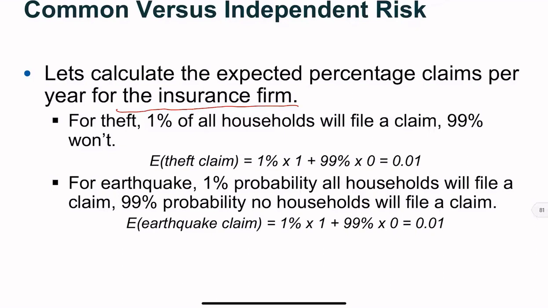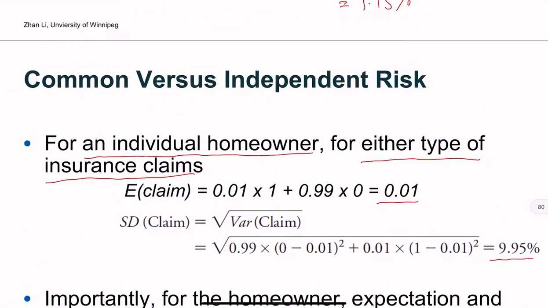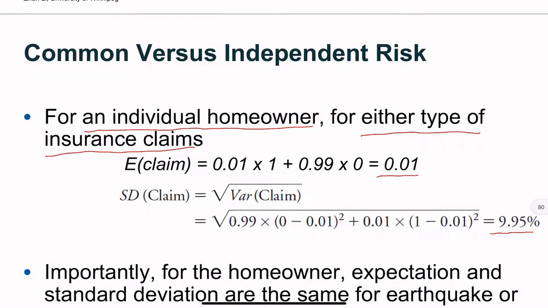Note that the insurance firm's perspective is different from a single homeowner's perspective. Why? Well, because a single homeowner will only have one insurance policy, for either theft or for earthquake.